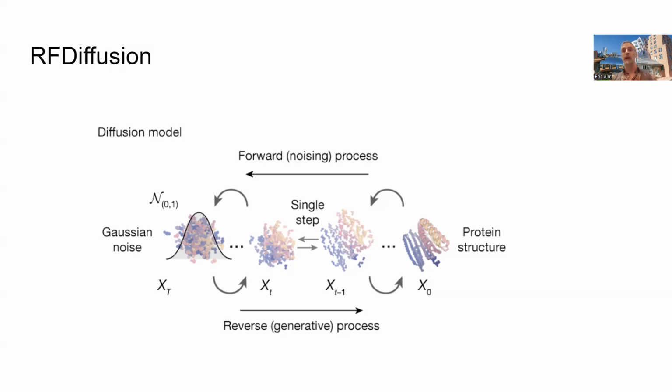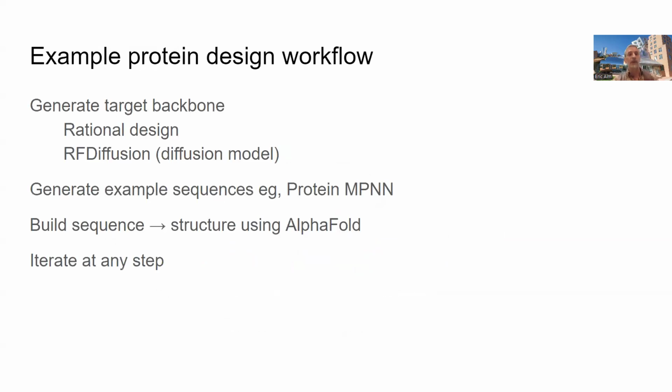Now we're just going to reverse that process, and so we can take many samples in that noisy configuration, and then work backwards through these physics-inspired tools to generate protein structures. Okay, so that's RF diffusion.